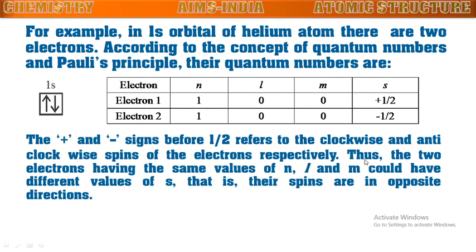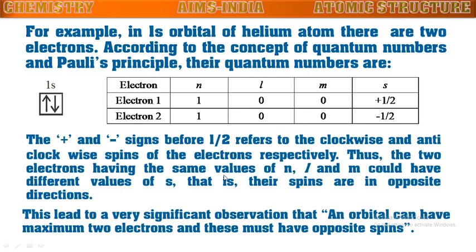Thus, the 2 electrons have the same values for the first 3 quantum numbers, n, l and m, but a different value for s. That is, their spins are opposite in direction. This leads to a very significant observation that an orbital can have a maximum of 2 electrons, and these 2 must have opposite spins.